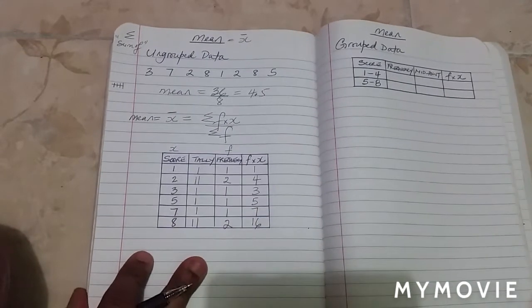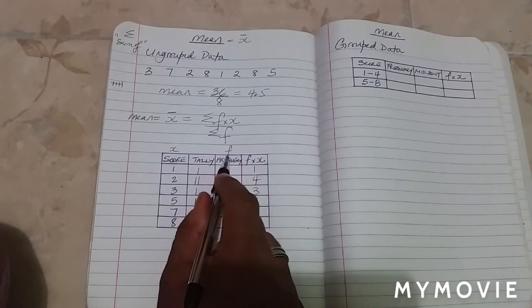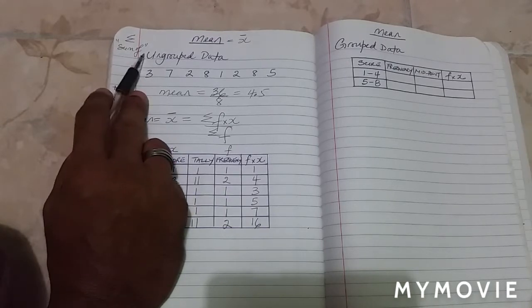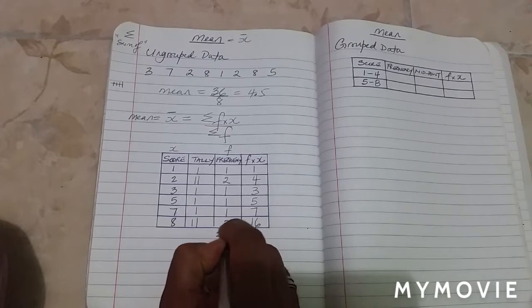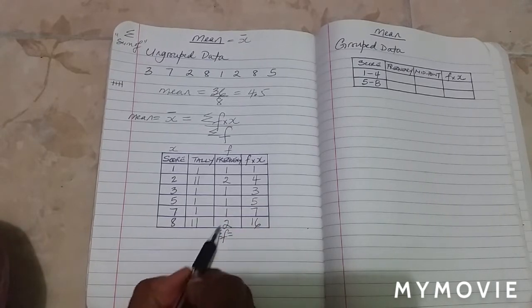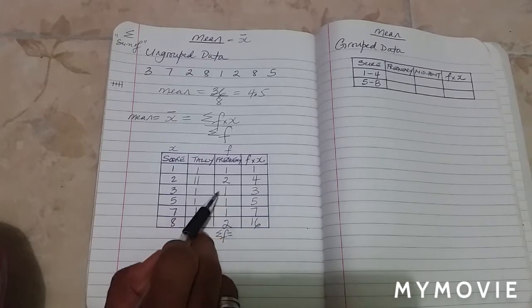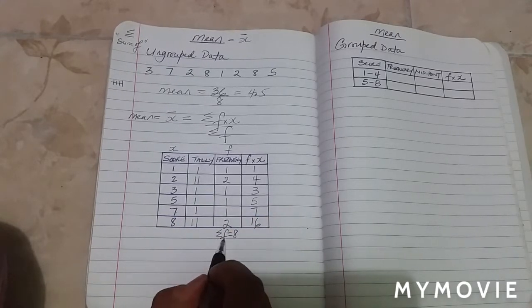Alright? Now, this column here is f. And remember we said that this symbol here means the sum of. So the sum of the frequency would be adding all of these values up. So it would be 2 and 1, 3, 4, 5, 6, and 2, 8. So the sum of the frequency equals 8.